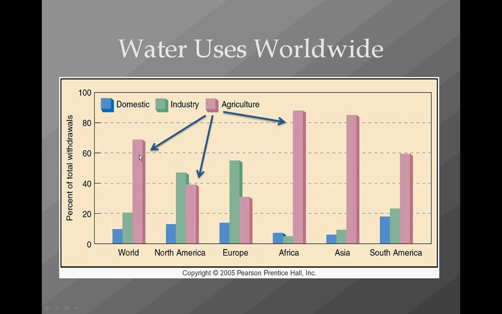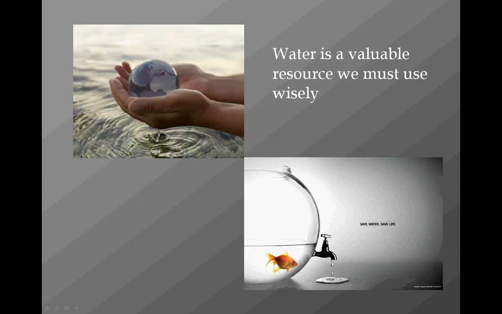Clearly worldwide, and in lesser developed nations or developing nations, the number one use is certainly going to be agriculture. We do see here that industrial uses of water do eclipse agricultural uses in highly industrialized nations, but worldwide the number one use is agriculture.